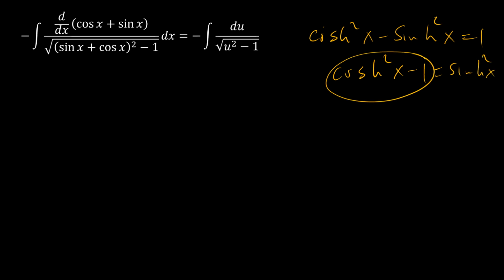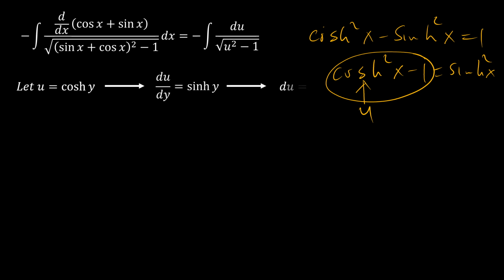So if we substitute u for that, then it means we can rationalize the denominator very easily. So let's say u equals cosh y. That means du/dy is equal to sinh y.